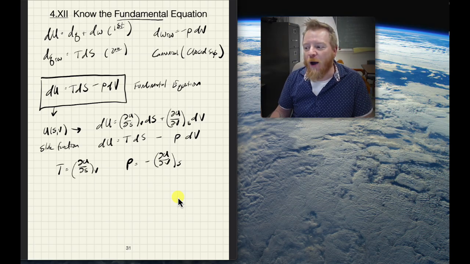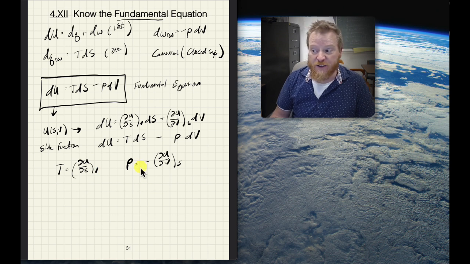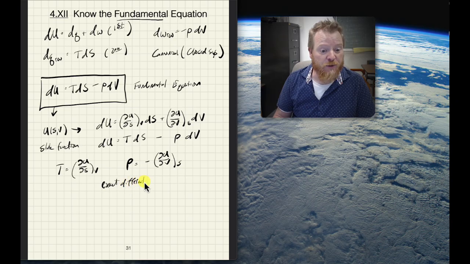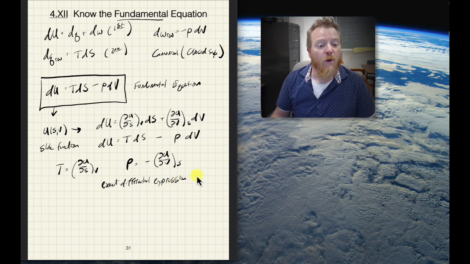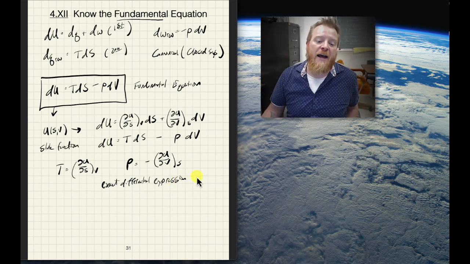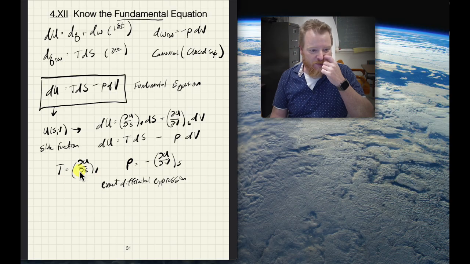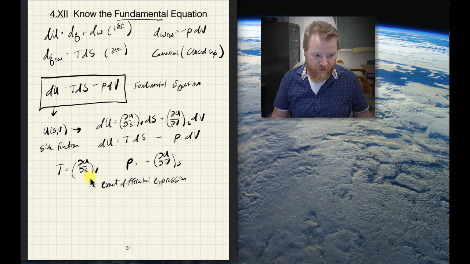And so now, continuing along with this idea, noting that these are state functions and therefore must have exact differential expressions, we can come up with this thing that we call a Maxwell relation, all right? So I'm going to switch the order of derivatives here.